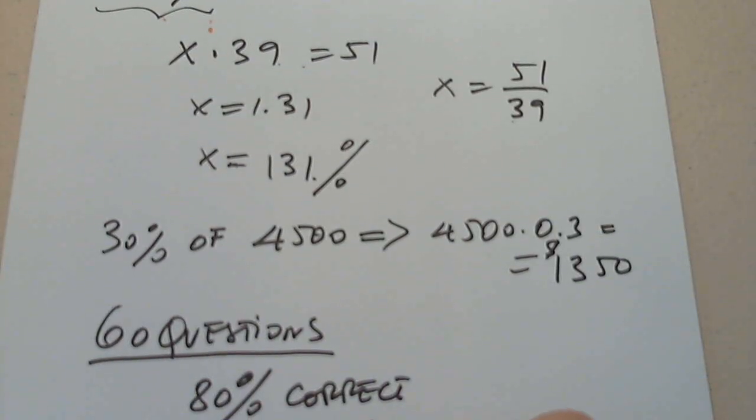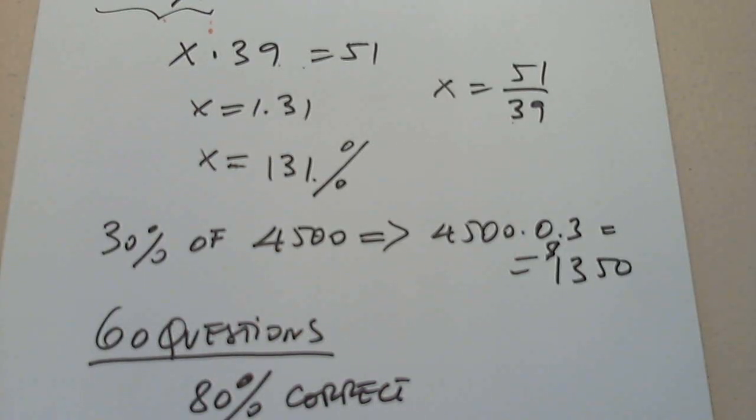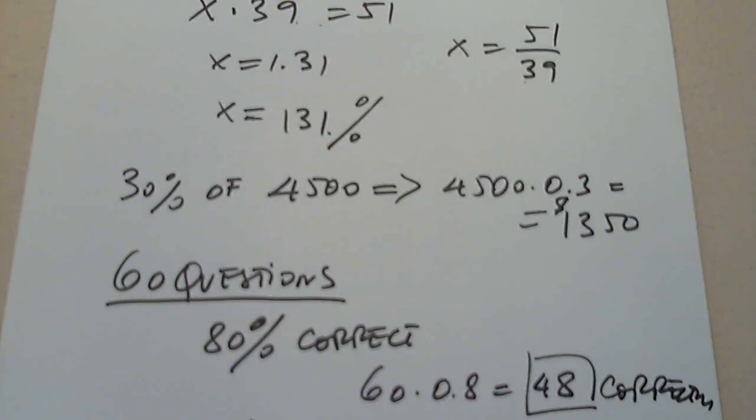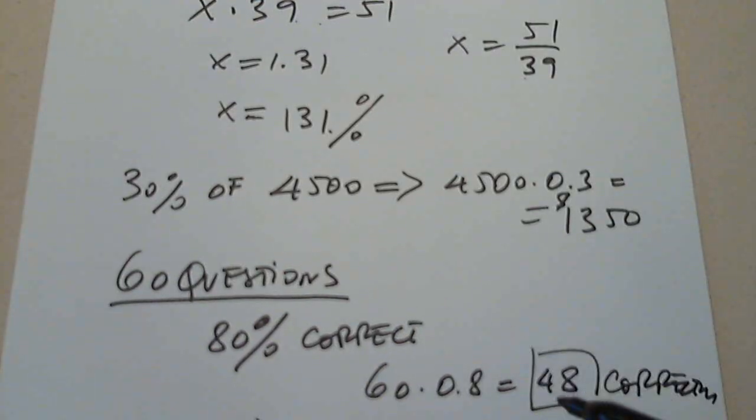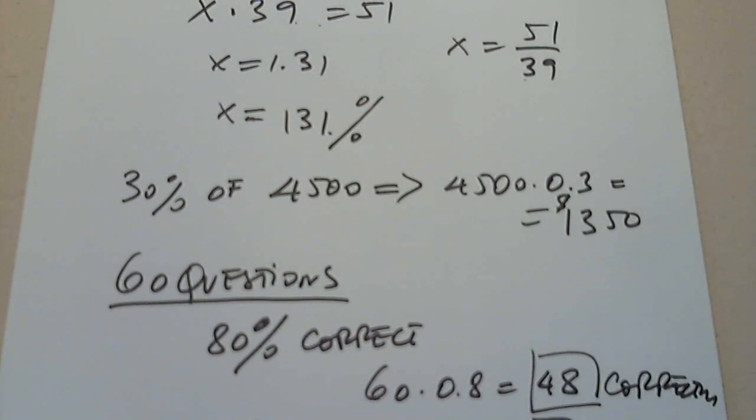Yes, indeed. 60 multiplied by 0.8. 48. Yes, perfect. So 48 out of the 60 I answered correctly. How many incorrectly? 12. Yes, the difference between 48 and 60, so I messed up on 12 of them. Very good.